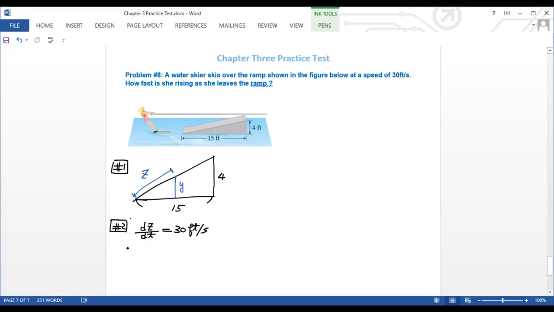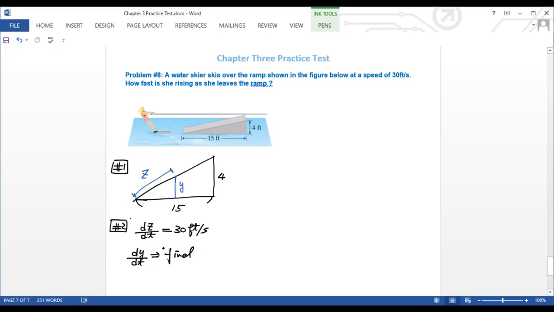Now what I'm looking for: if this is the y, the height, I want to see how fast I leave the ramp. So I want to find dy/dt, and this is what I'm looking for.